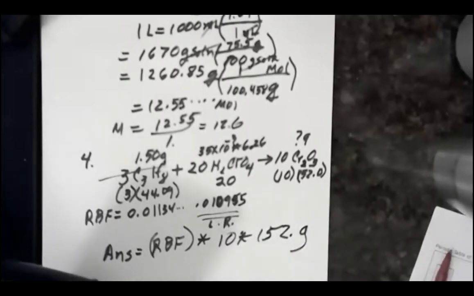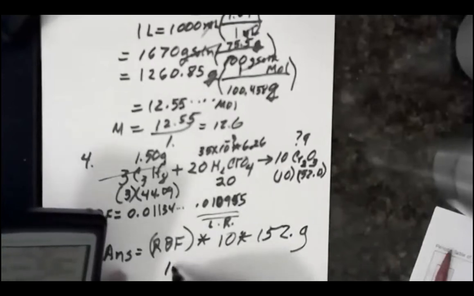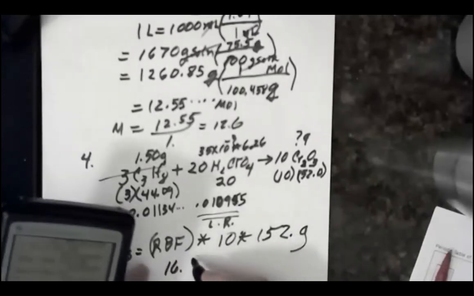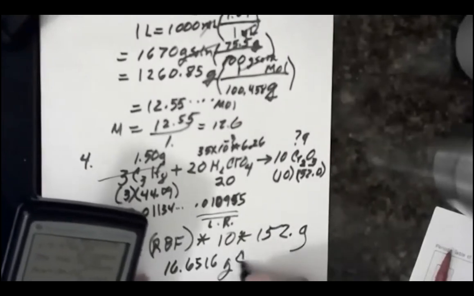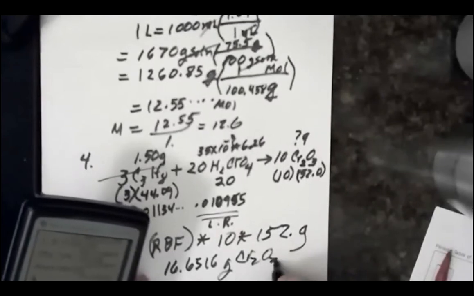So times 10 times 152 gives me 16.6516 grams of the Cr2O3.